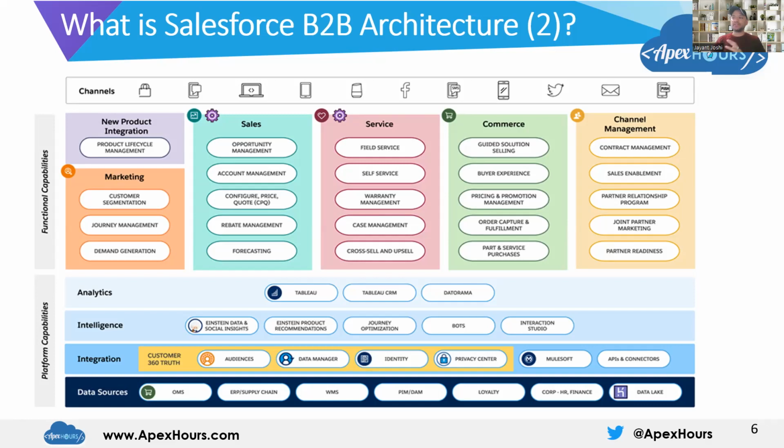It could be MuleSoft, different APIs. Data sources could be various external data sources like ERP, warehouse management system, product information management system, data lake. It could also be order management systems, right? So this is essentially the mapping between the products and the functional capabilities.